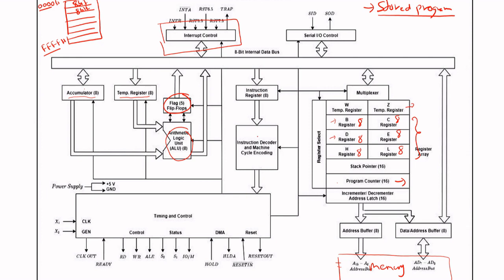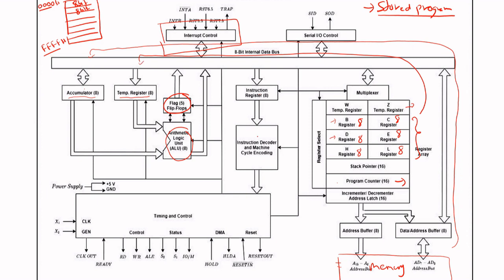The instruction is decoded, understood, and then the timing and control circuit takes care of the rest. There is also an accumulator and a temporary register in which the values are loaded either from the memory down here, or from the general purpose registers that we have. So the data source can be from anywhere, either from the memory or the general purpose registers.